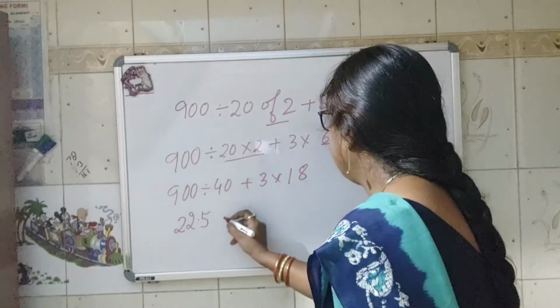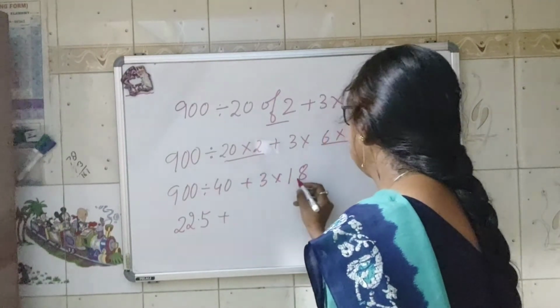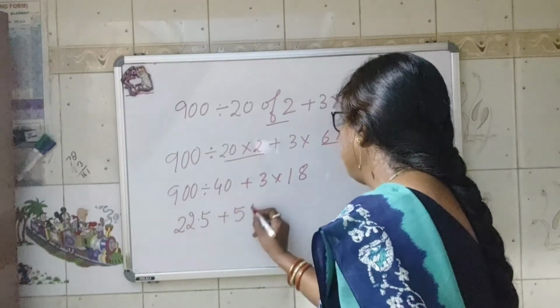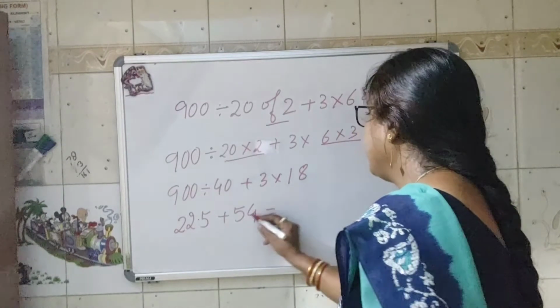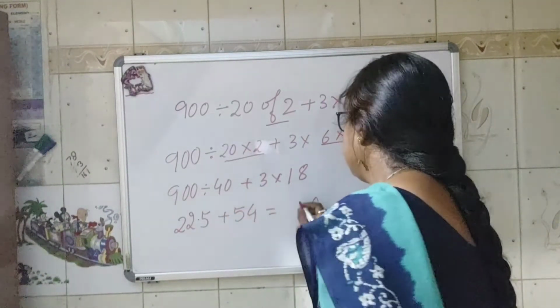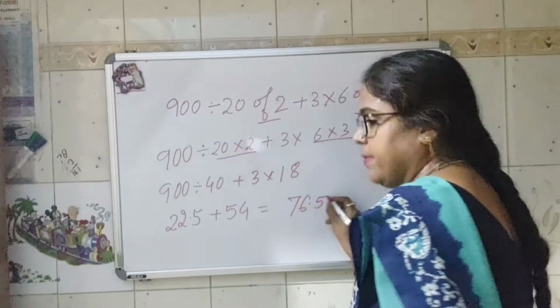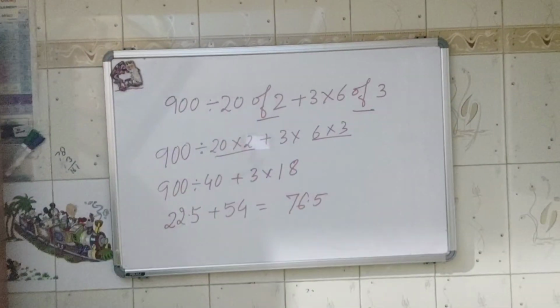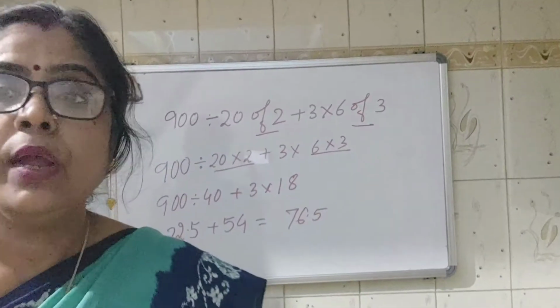And then plus 18 times 3 is 54. So the answer is 22.5 plus 54, which is 76.5. And in the book, if the answer is given as 162, it means it is false.